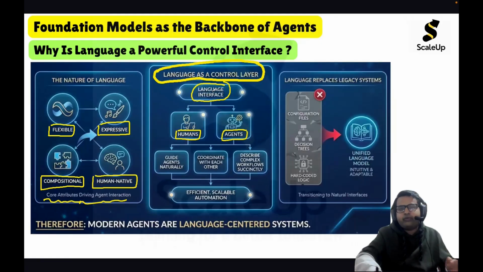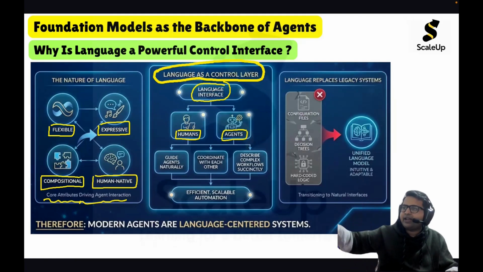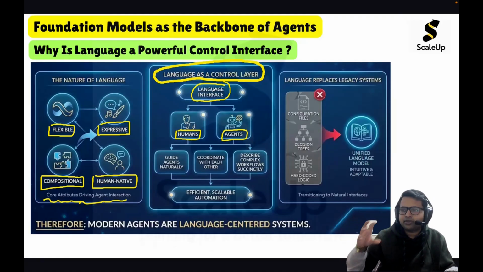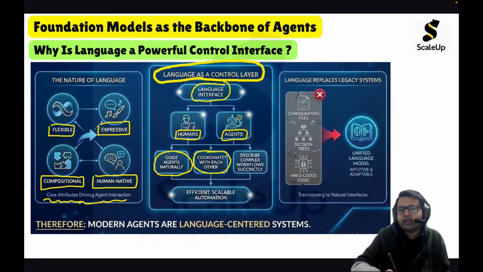When the agent is interacting with humans, it will be more natural language, and when the agent is interacting with other agents or with systems, it will be more of a system language, wherein some protocols and systematic things will be there. It will basically guide agents to naturally coordinate with each other. If language is the interface, it will help them in coordinating with each other.